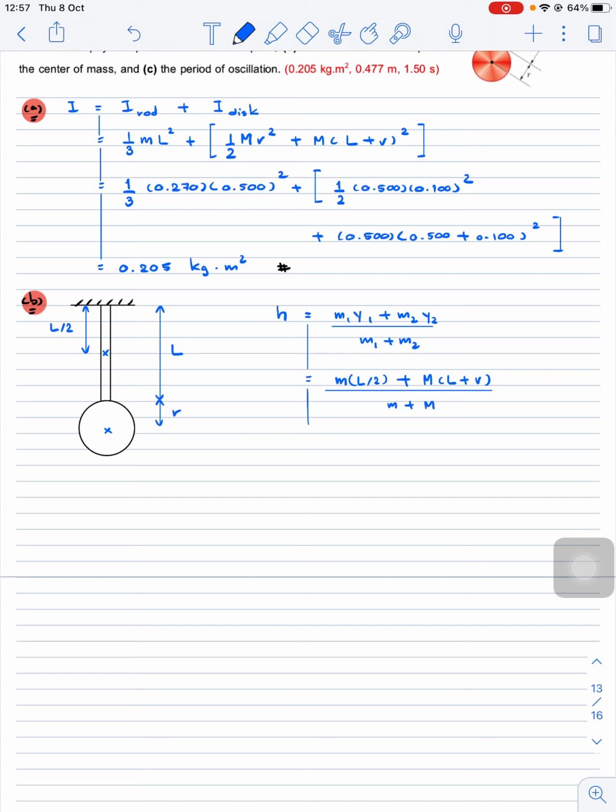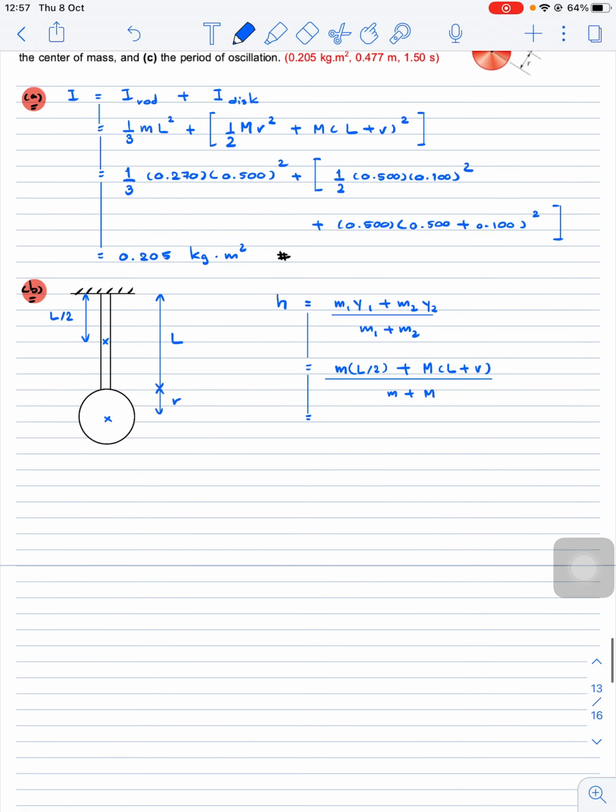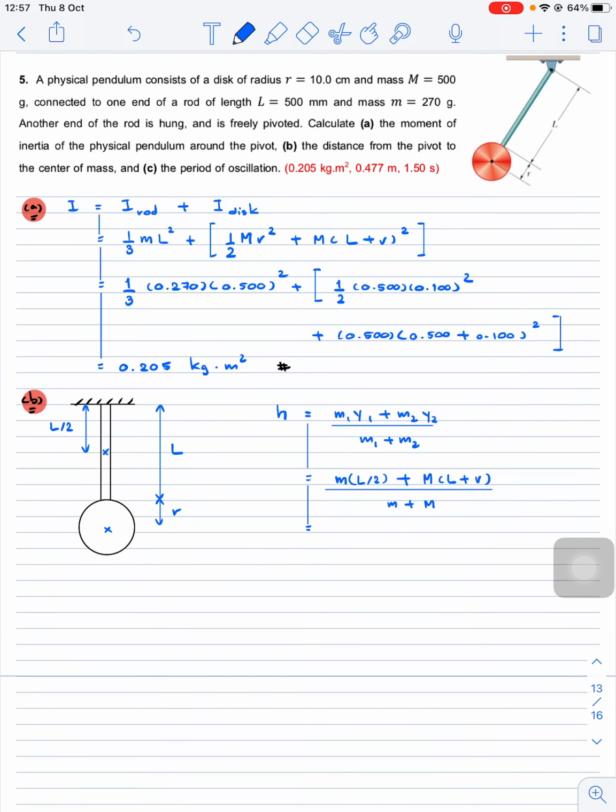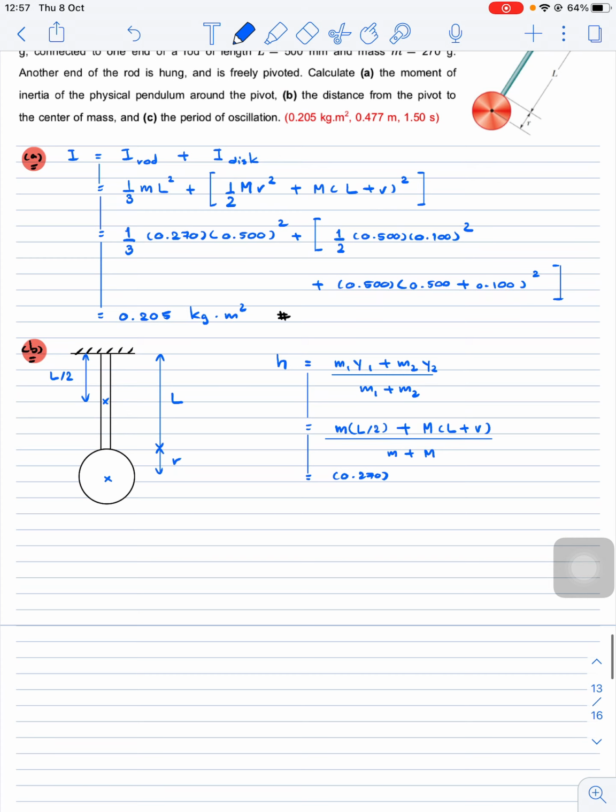So now we can just plug in the numbers into these equations. We have small m equal to 0.270, times L half.